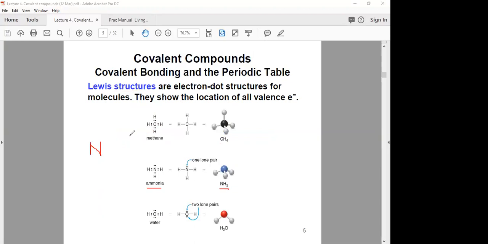So nitrogen is found in group 5A on the periodic table. Yep. So we will go 1, 2, 3, 4, 5 valence electrons for nitrogen. Sorry, they're not very clear. Okay, nitrogen has 5.